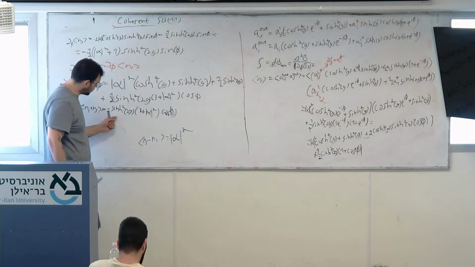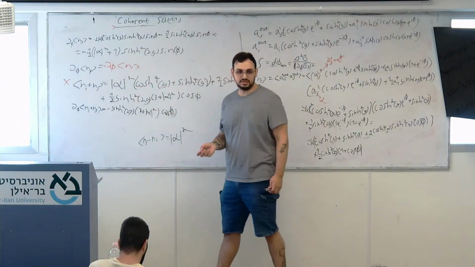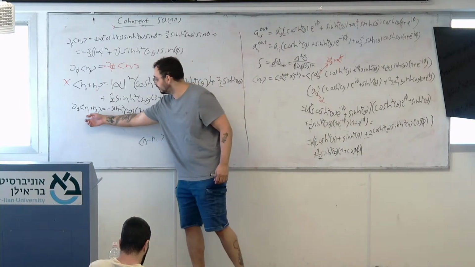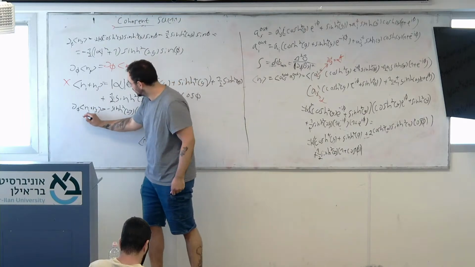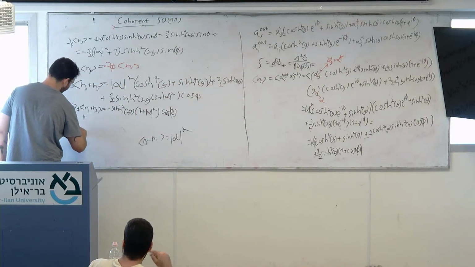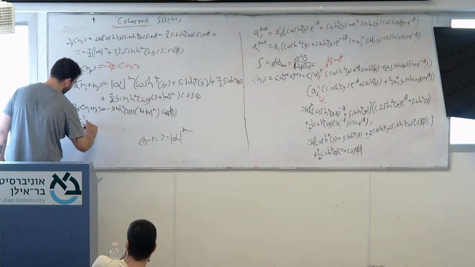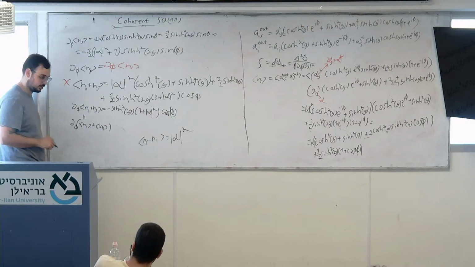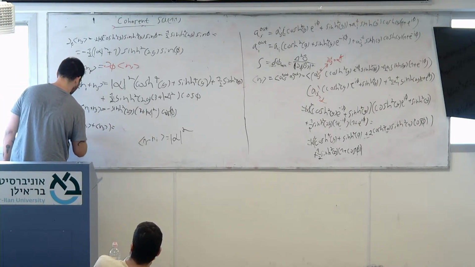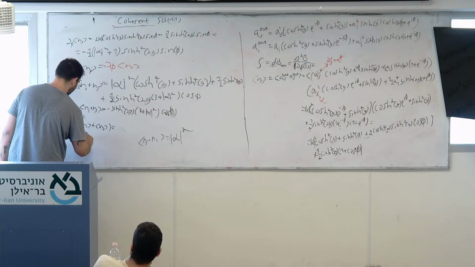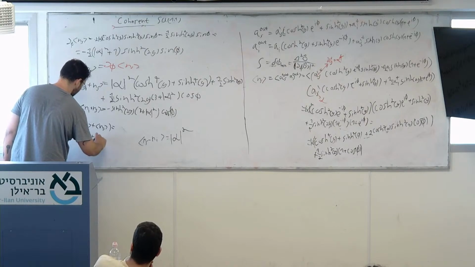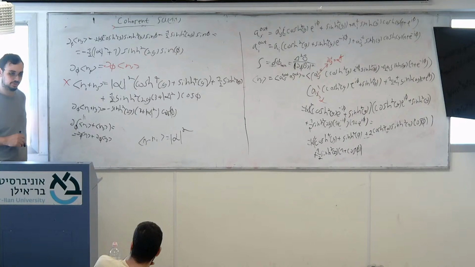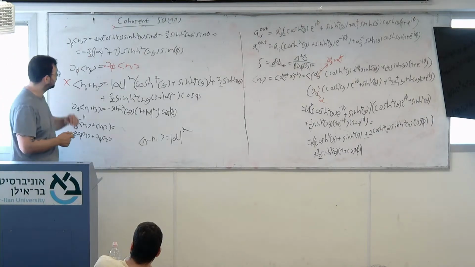But overall, it will be just 2 times the derivative of either one, which is expected because this one will also be equal to d phi of Ni plus Ns, because the expectation value is separable, and then it will just be equal to d phi of I plus d phi of S, and we know that they're equal to one another, so it's just 2 times the first term.